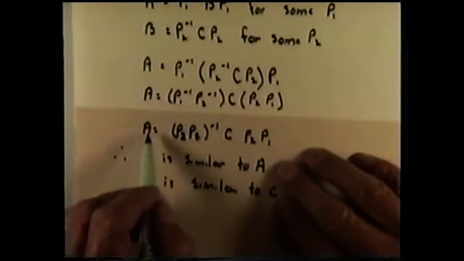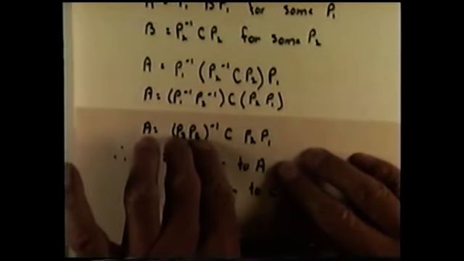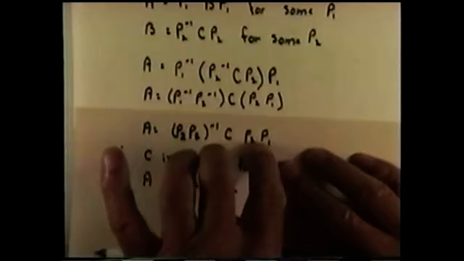Well, this proves that A is similar to C, because notice it fits the pattern A is equal to an inverse matrix times C times a matrix.